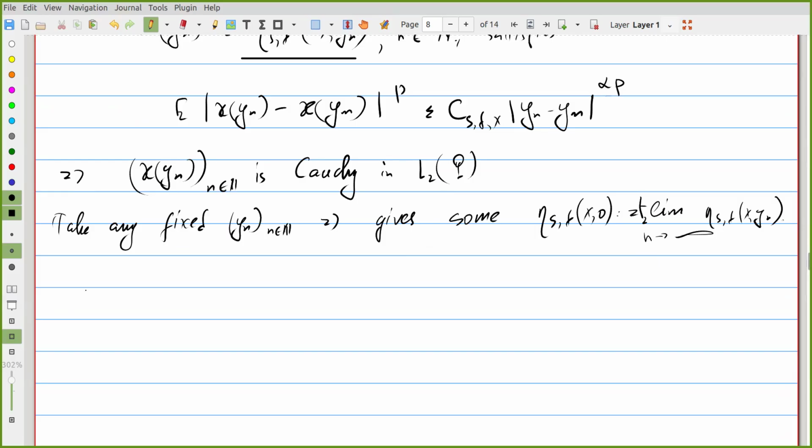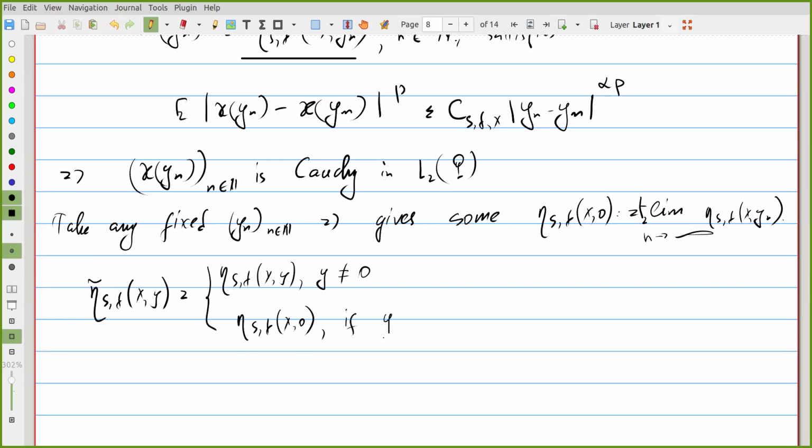Now we can consider the extended process, which just equals this limit when y doesn't equal zero and the limit exists, and say zero otherwise, or p, or pi, or 2 pi.